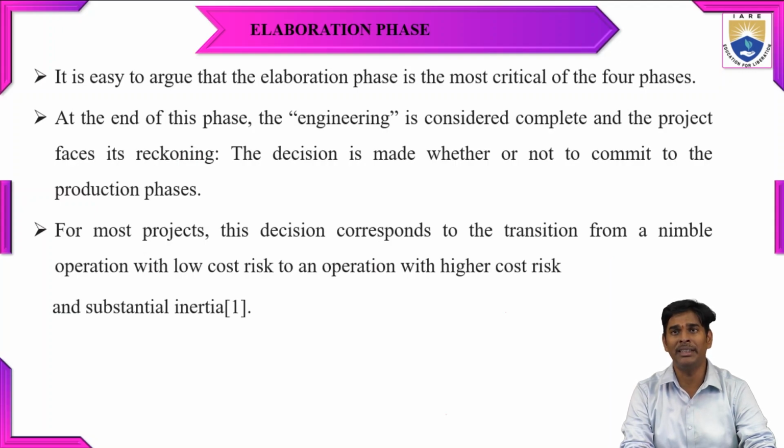They need to decide whether to commit to the production phase or not, because only after the completion of the elaboration phase can they go for the production phase. So that's why the decision has to be taken before completion of the elaboration phase.